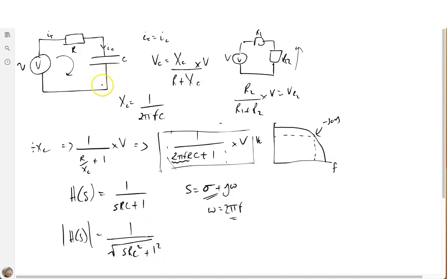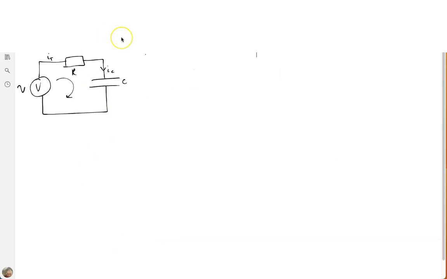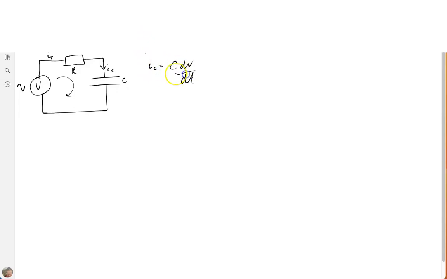An alternative way of looking at this: we can see through Kirchhoff's voltage law that the total voltage must equal the sum of the voltage across the resistor plus the voltage across the capacitor.